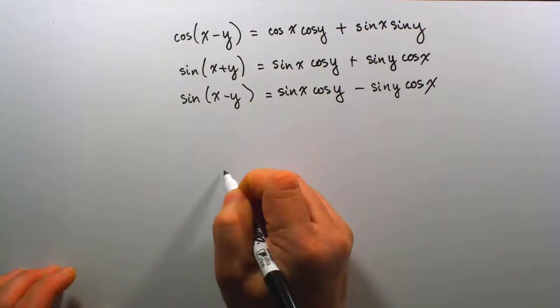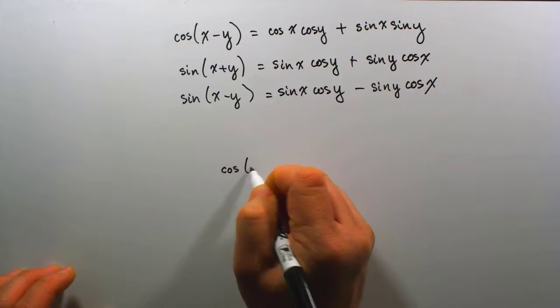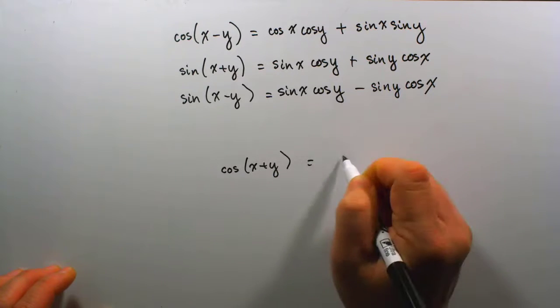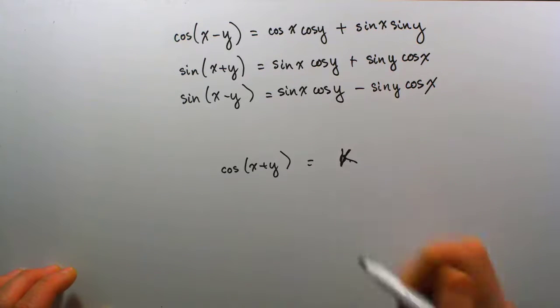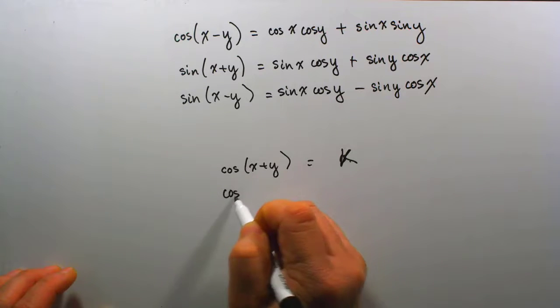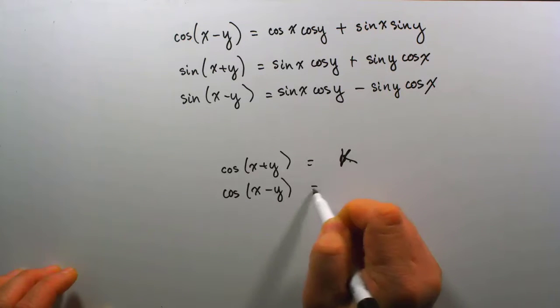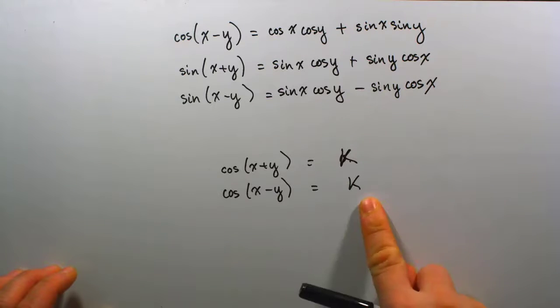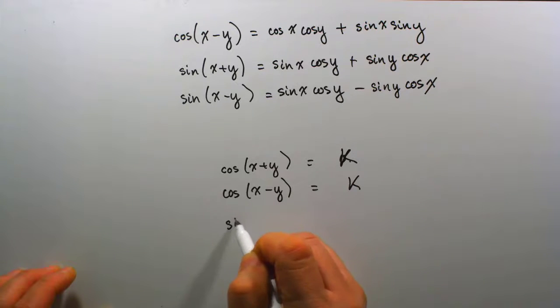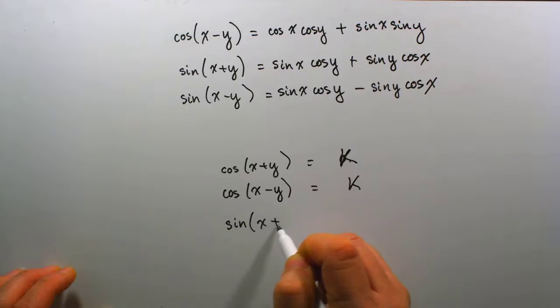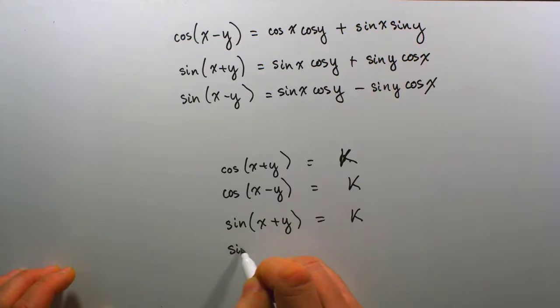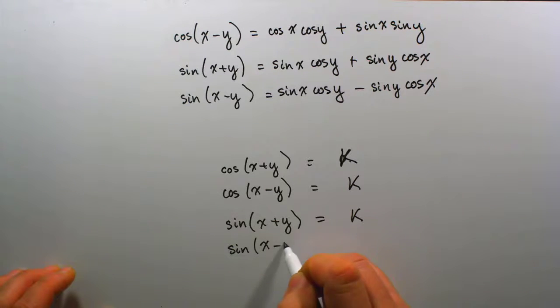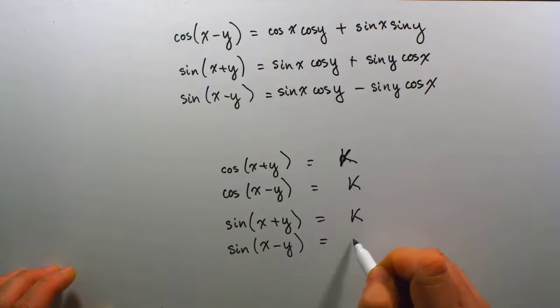We should end up with either a cosine of a sum equal to the value k on the right-hand side, or cosine of a difference equal to a constant value on the right-hand side, or a sine of a sum equal to a constant, and the same, a sine of a difference equal to a constant value on the right-hand side.